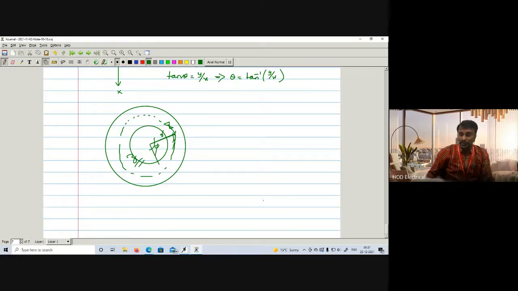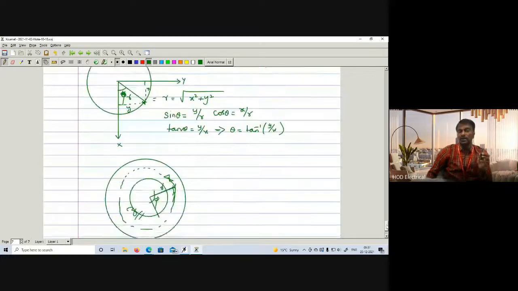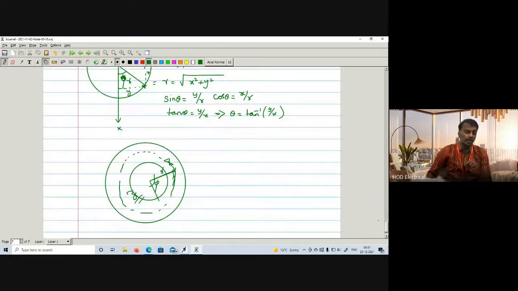All those things we can understand from the cylindrical coordinate system. That is why cylindrical coordinate system is so important. If you want to represent the polar coordinate system in three dimensions, we have to use the cylindrical coordinate system.